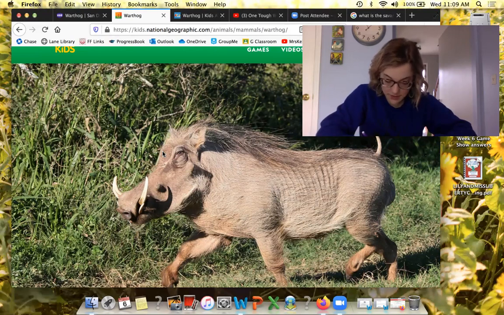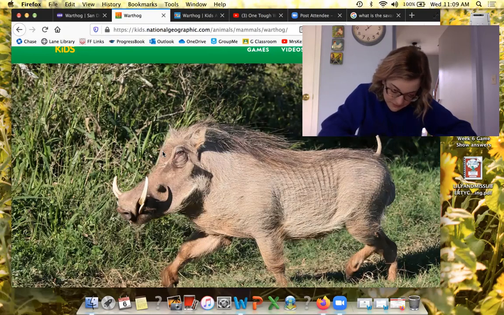Oh man, you guys are gonna laugh at me. Oh, this looks more like Harambe than a warthog. Oh well. I'm sorry, Pumbaa. Gotta get those tusks. That's an important feature.